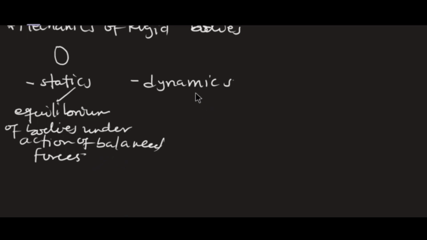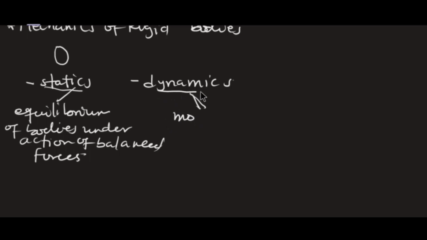But when you talk about dynamics, dynamics deals with motions of bodies under the action of unbalanced forces. As the name denotes, static means the body is going to be stationary. Upon application of a force, the body will still remain at rest and there wouldn't be any movement or motion. But dynamics deals with the motion of bodies.